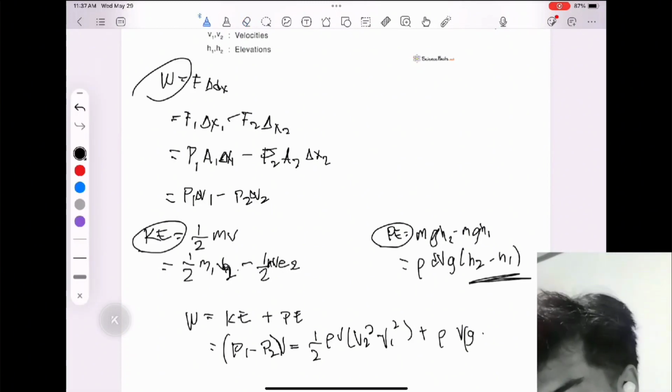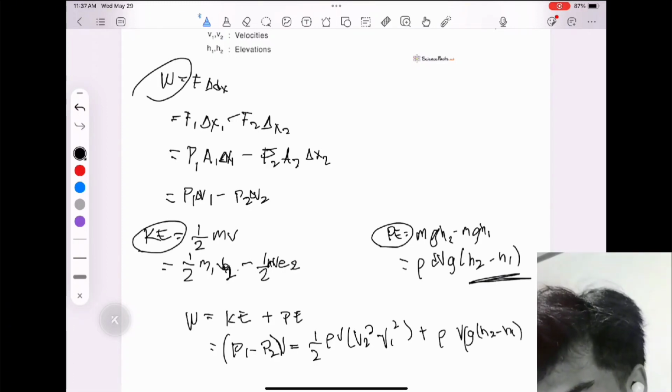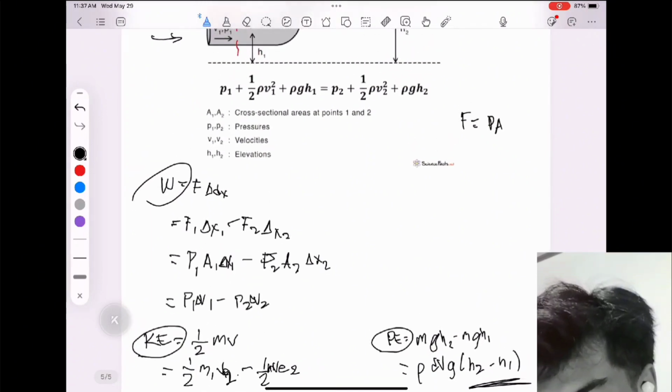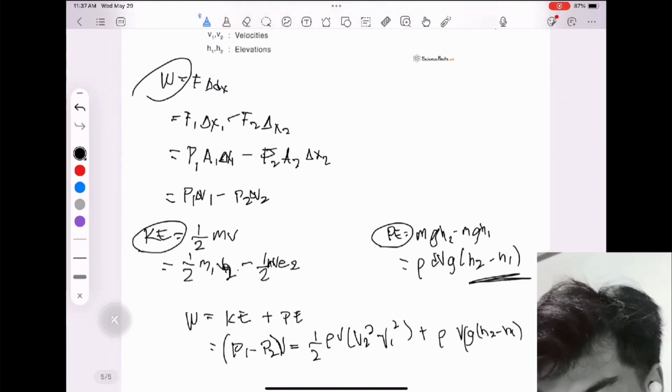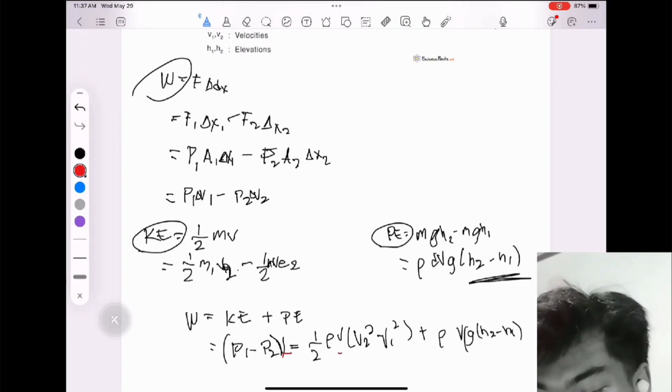Now, mag-arrive tayo sa formula na P1 minus P2 is equal to 1/2 rho (V2 squared minus V1 squared) plus rho G (H2 minus H1), which is similar sa ating formula dito.